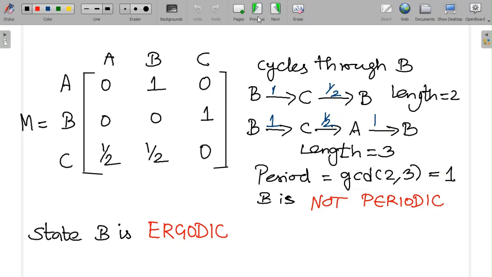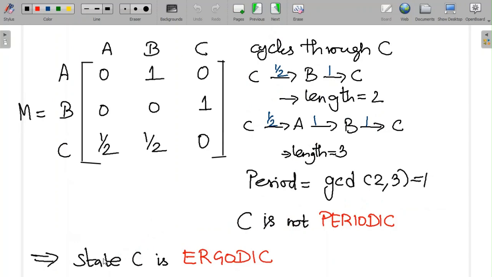And the other from B to C to A and then back to B, the length of 3. But the greatest common divisor of these two lengths is only 1. Therefore, its period is 1. Therefore, B is not periodic because its period is not greater than 1. So we already showed that B is non-null persistent, and because it is also aperiodic, we can conclude that the state B is ergodic.